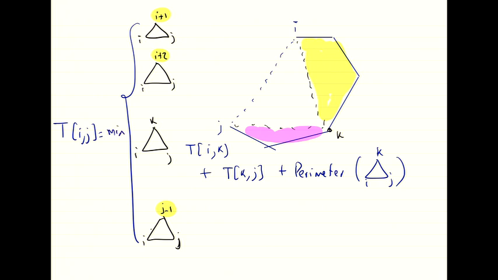So it's the minimum of these n possibilities. Does it make sense?